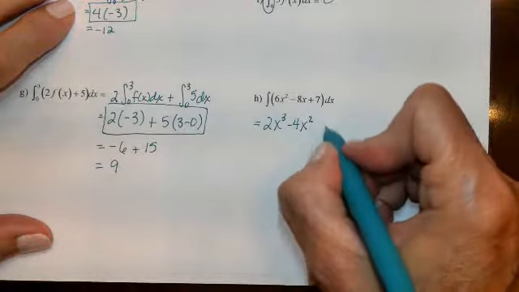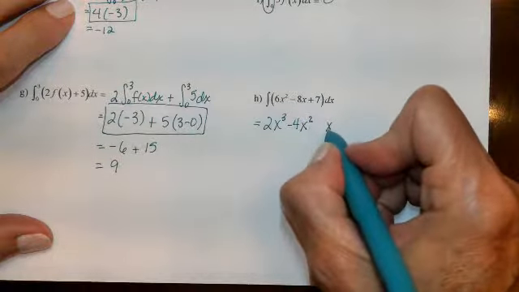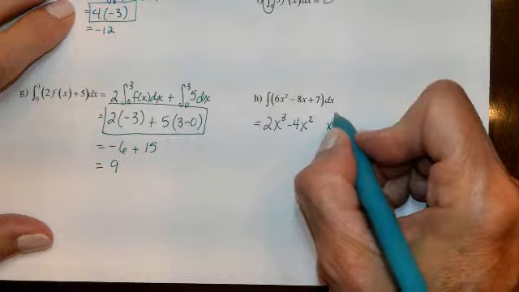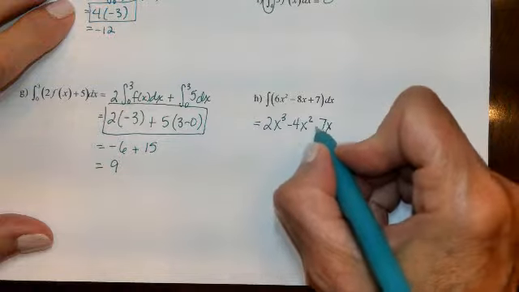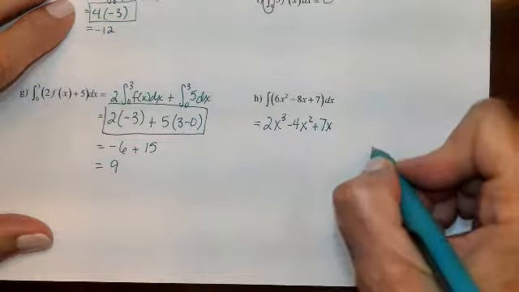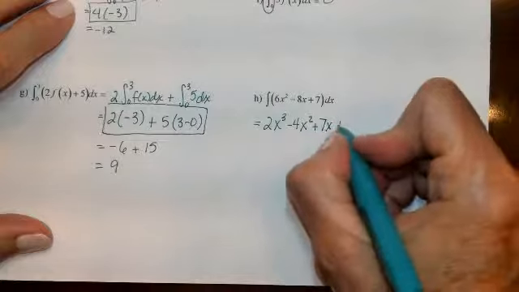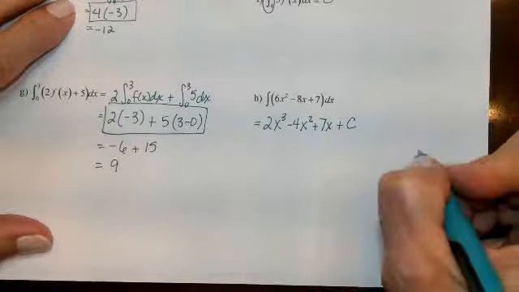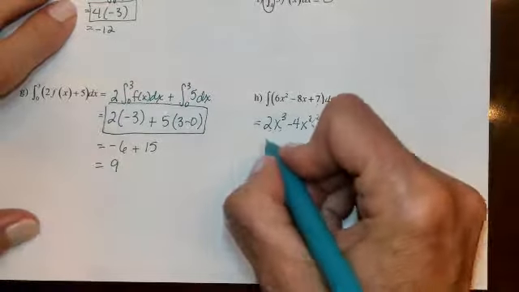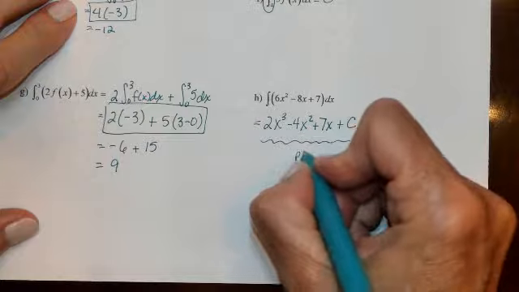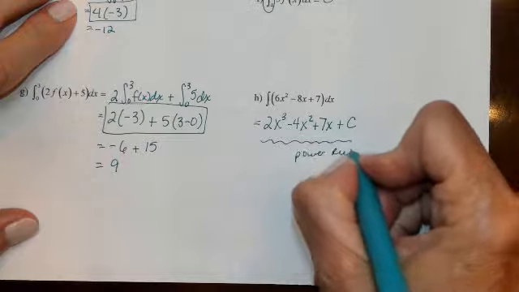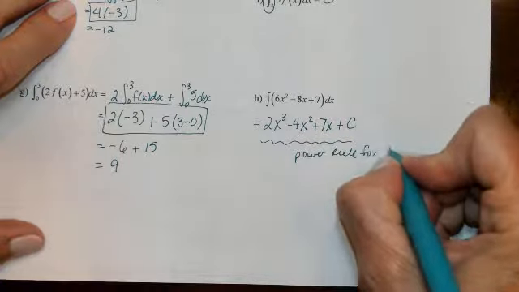Add 1 to the exponent, so that'll make it an x to the first. Divide 7 by 1, you get 7, like that. And remember our constant of integration. So don't forget the power rule for integrals.